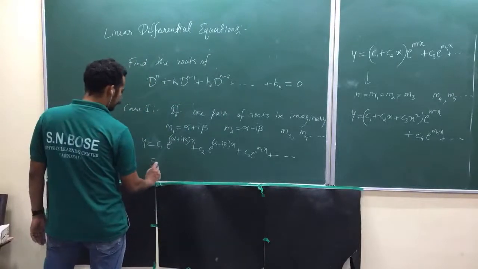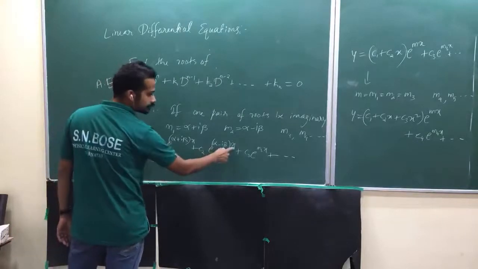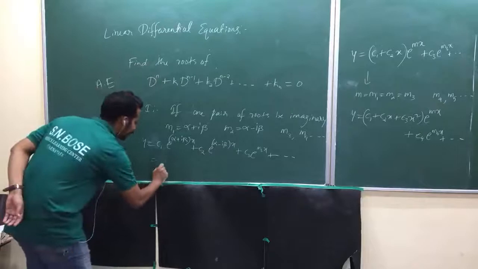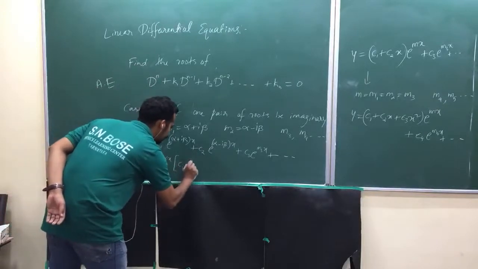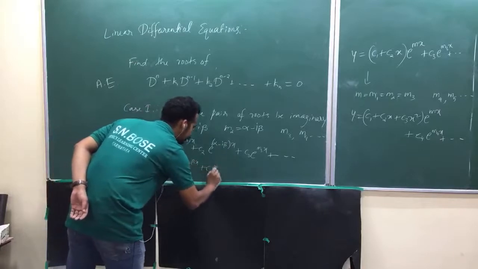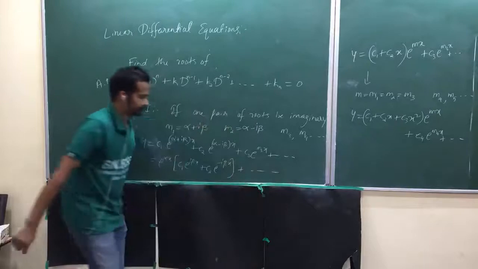So now look at here, you can write e power alpha x common, c1 into e power I beta x plus c2 into e power minus I beta x plus and so on.